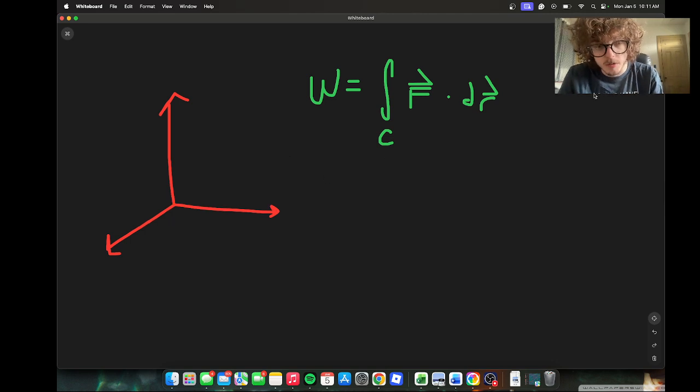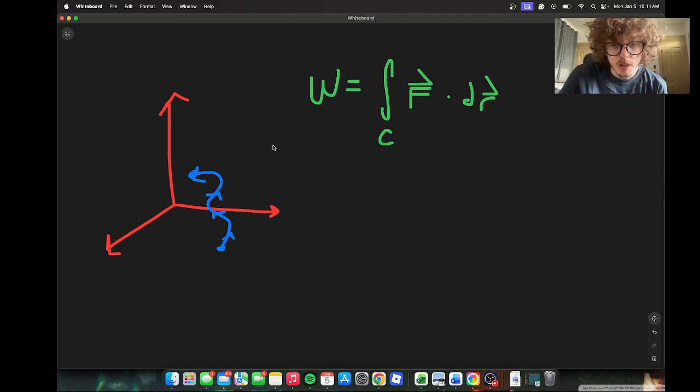So that's what all those little yellow arrows were. Well, let's say we have a little curve and it goes like this. So we start at this point on the xy plane and then we kind of curl up into this little point here, which is some point in space. The work is found by evaluating this integral. We know that. We've done line integrals.